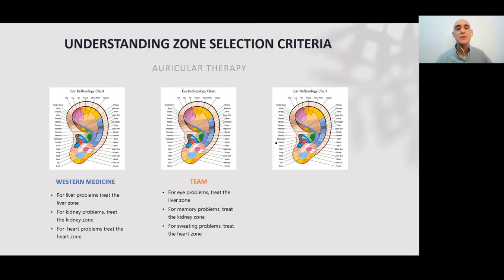So you have to decide which is behind it. So you can use organ theory to inform your choice of zones. And I'll give you an example of that in a few minutes of when I treated someone with eye problems. Now, the last thing in ear acupuncture is the location.